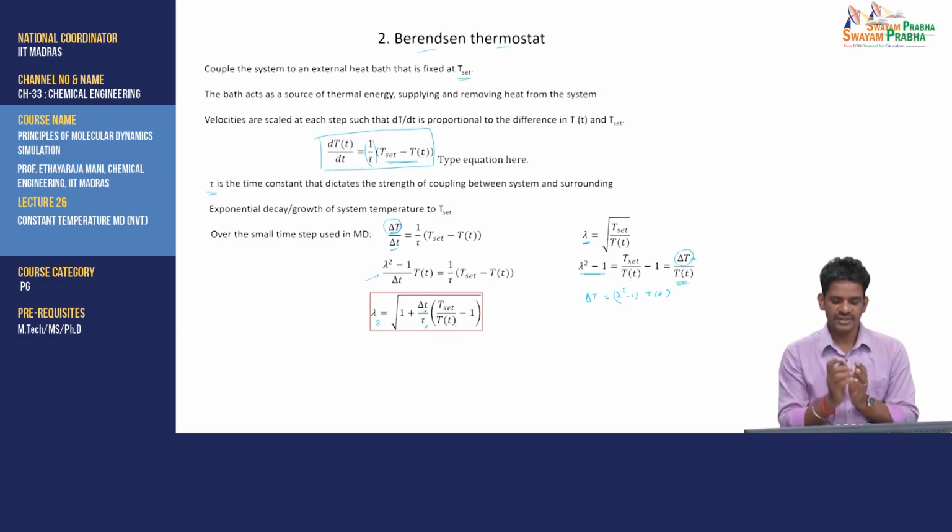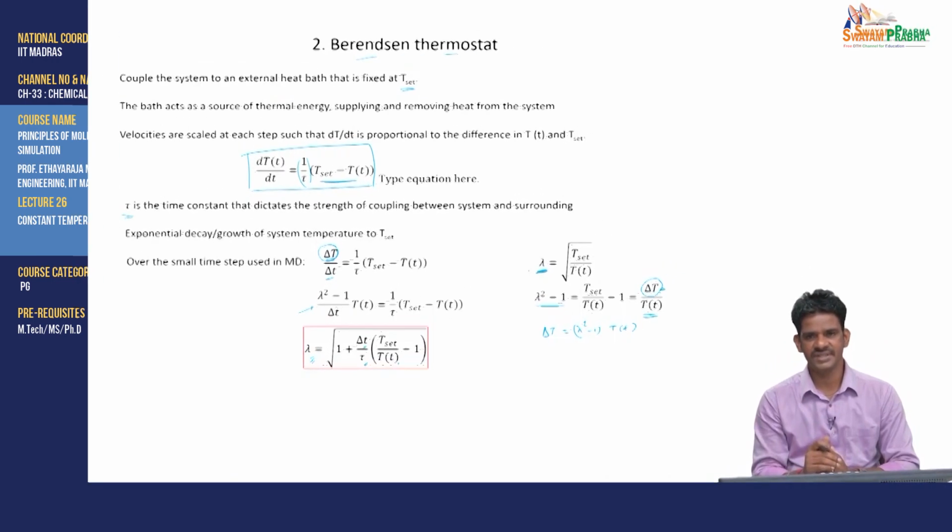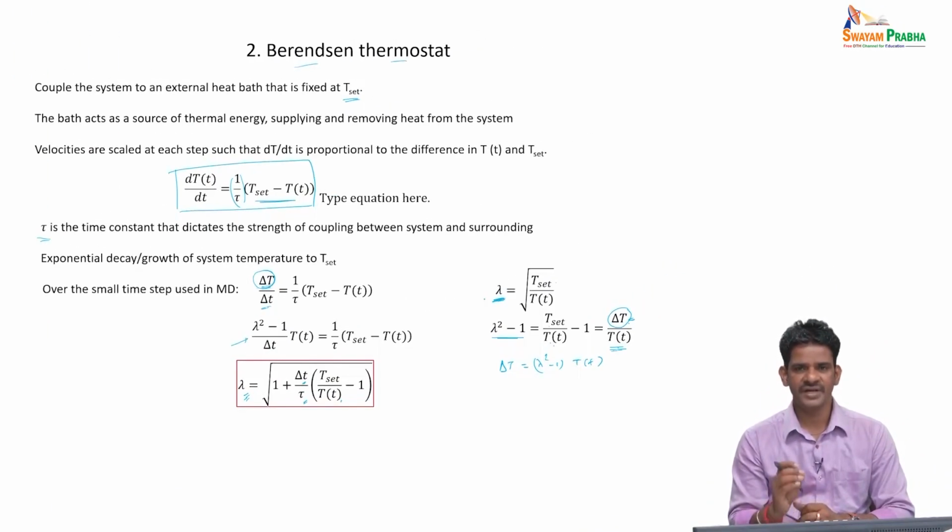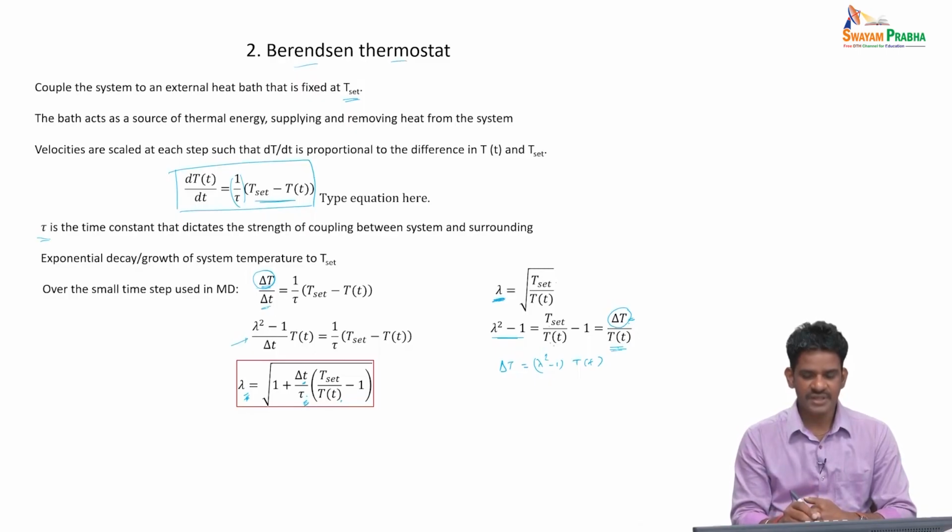In this approach, at every time step we are not scaling simply by a factor so that in one single time step the temperature is reset. We are not doing that, but rather we do it at a particular rate by which the temperature slowly catches up to T set, and the rate of such an increment is given by this parameter tau, which is called the time constant in the Berendsen thermostat.